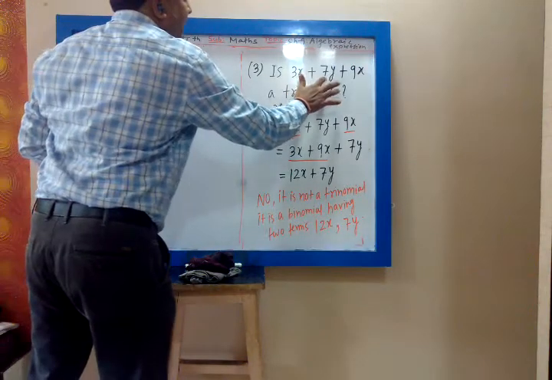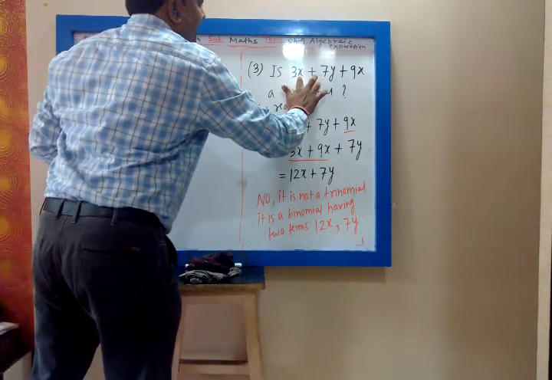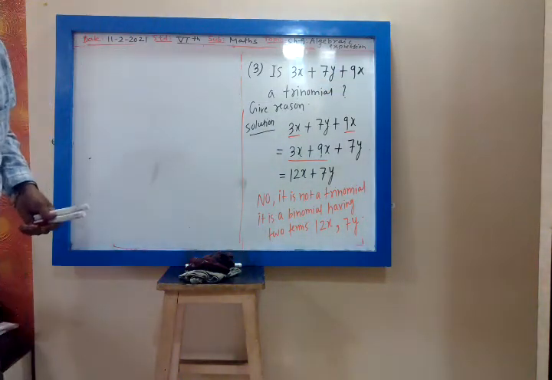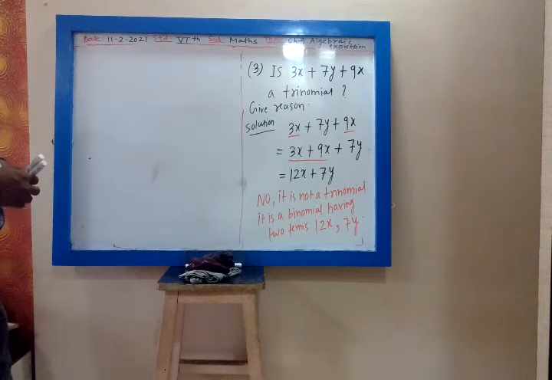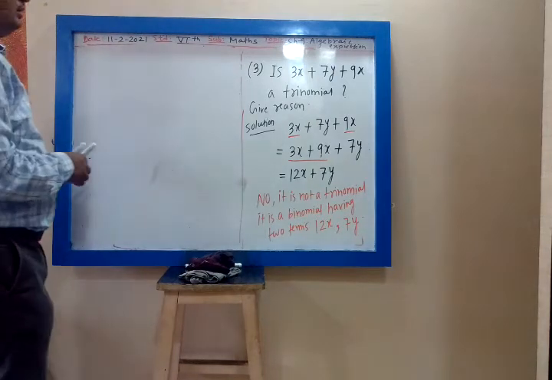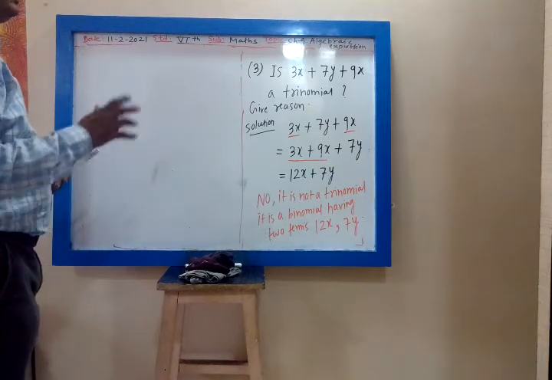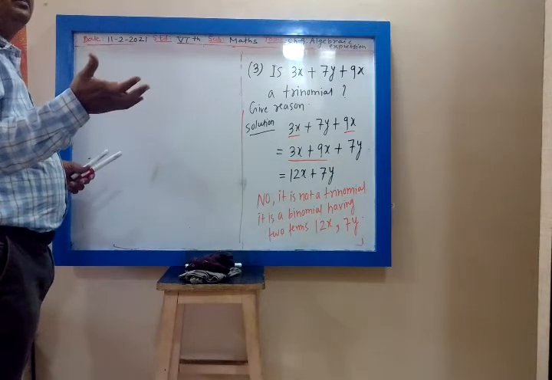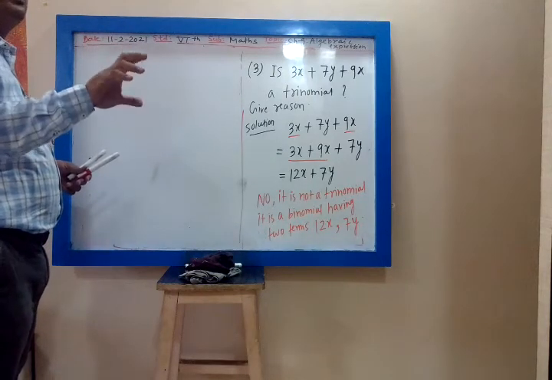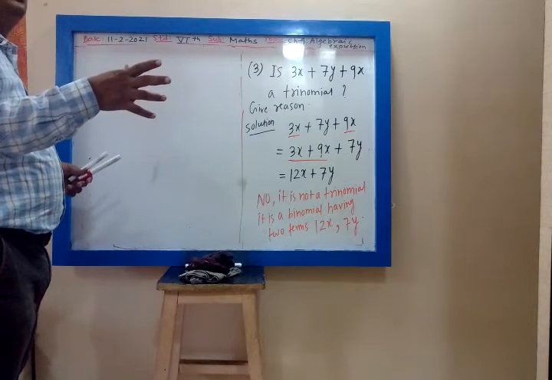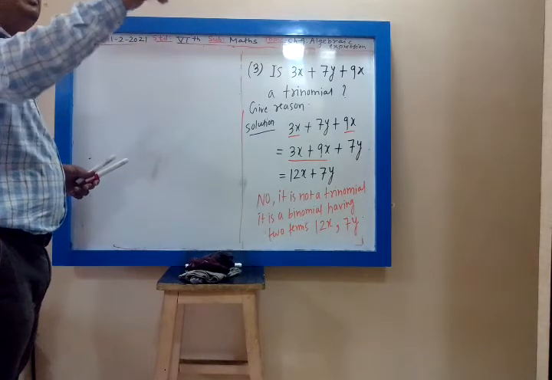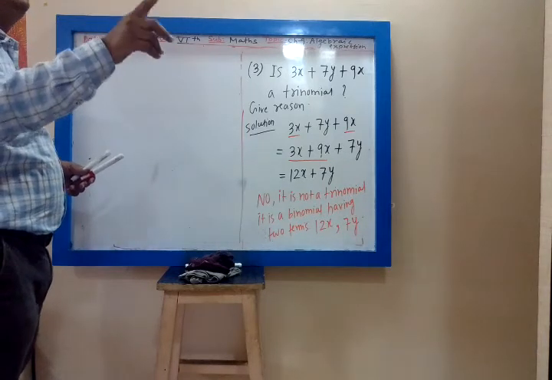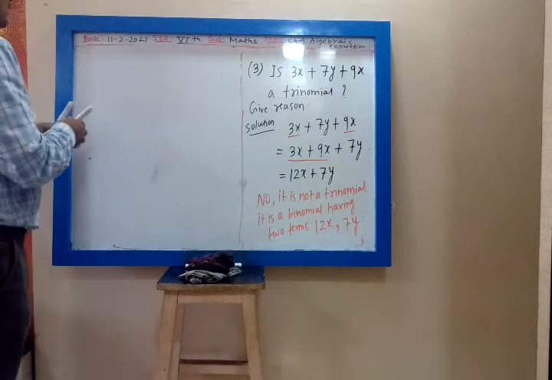But 3x and 7y I cannot add because they have different variables. x and y I cannot add; x and x I can add. 3x and 9x square you cannot add because the powers of x are not the same. So if it is 9x square, it will be a trinomial.